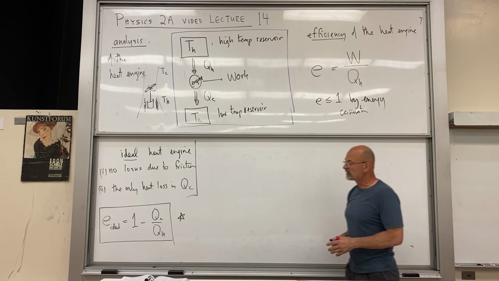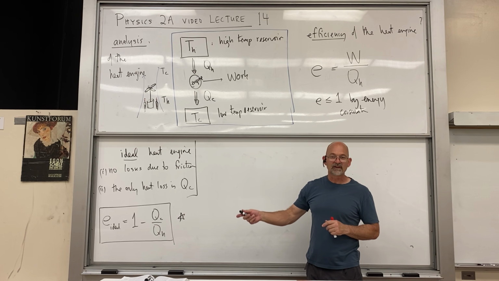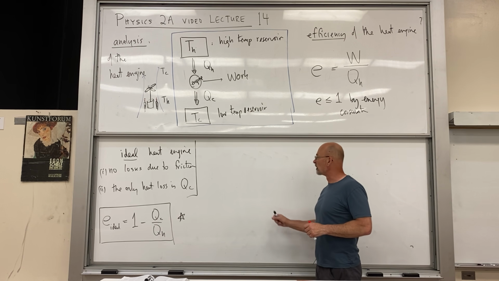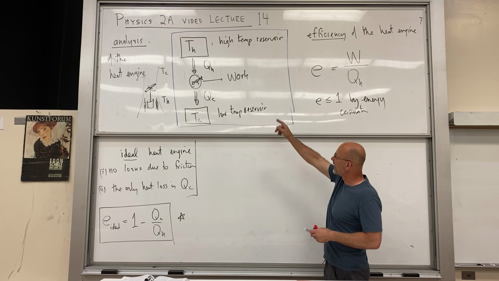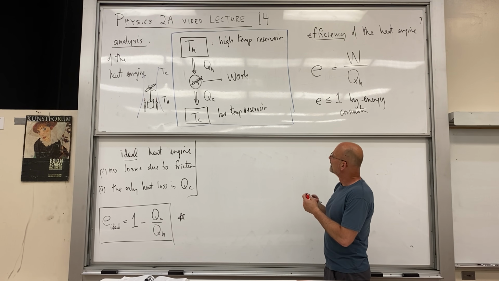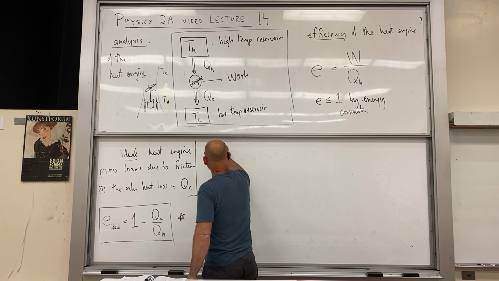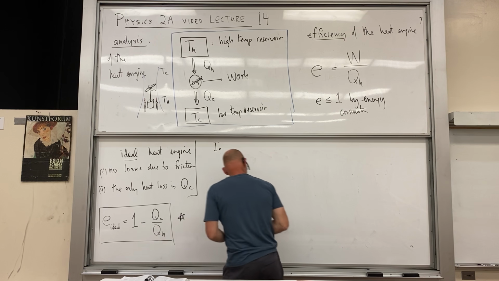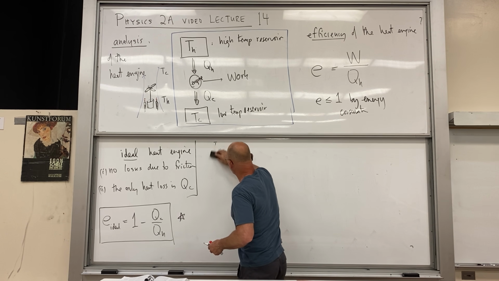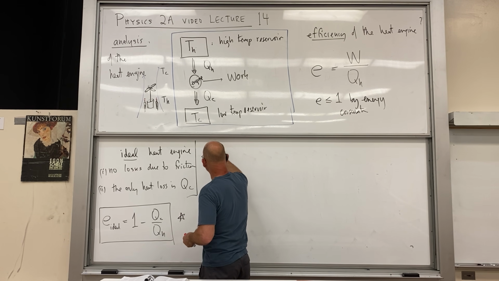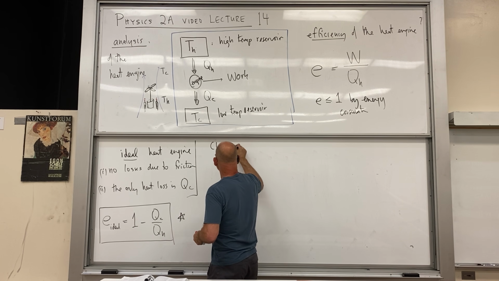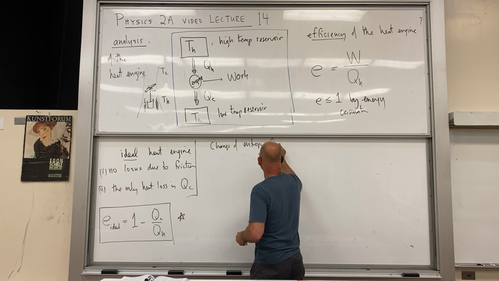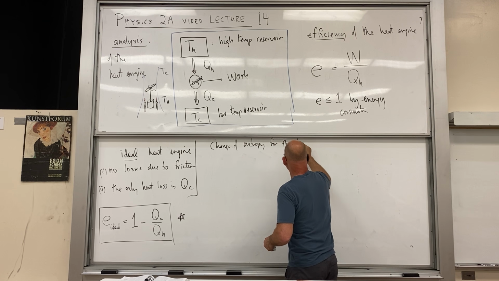And this is going to be pretty much what I did last time when I had this energy going from hot to cold diagram, with a slight difference here. So, let's write change of entropy for the heat engine.